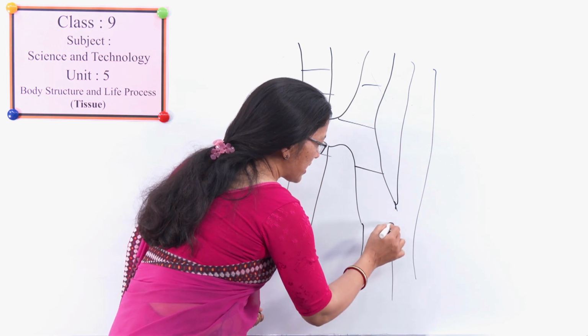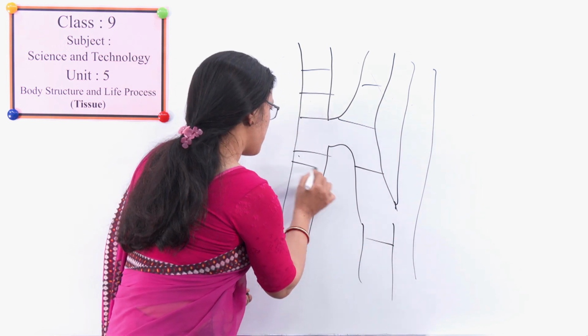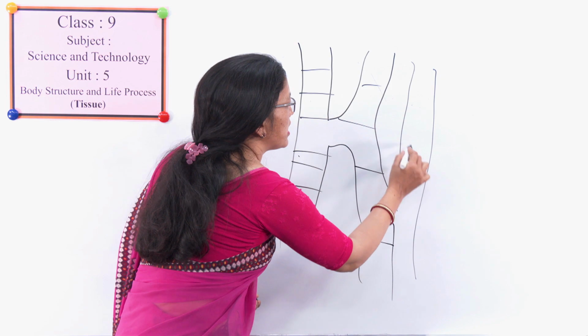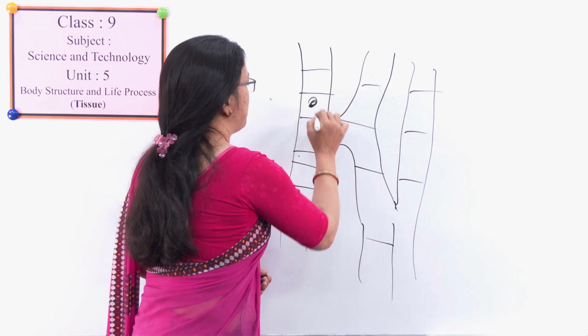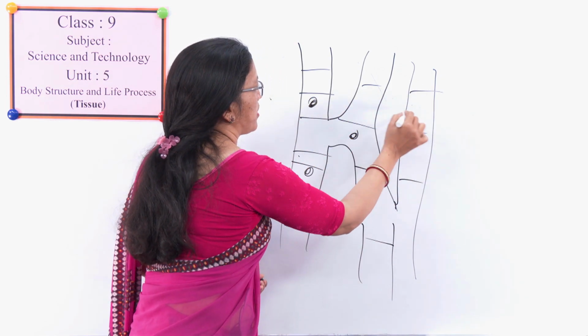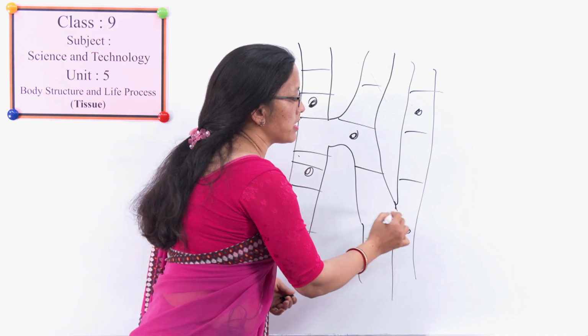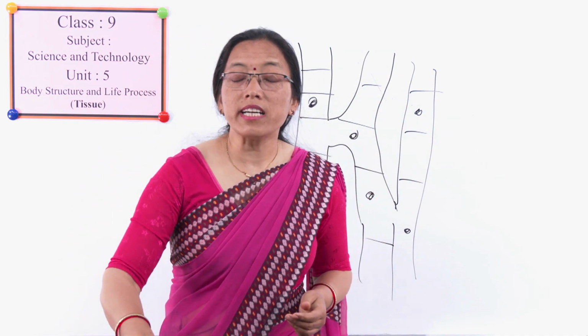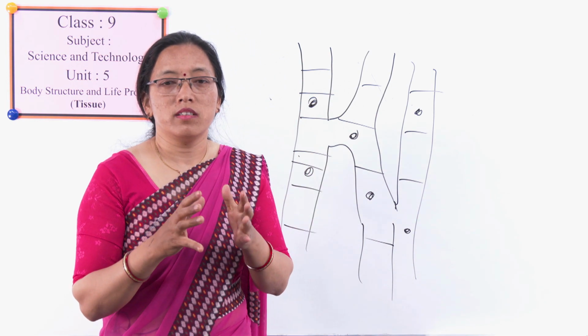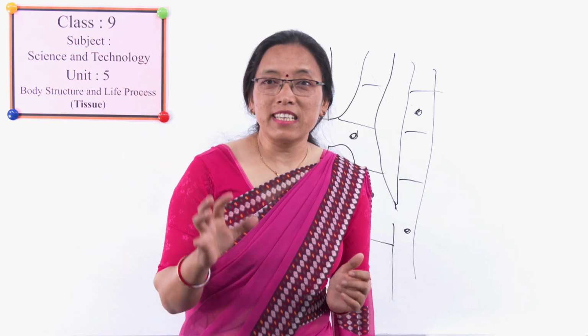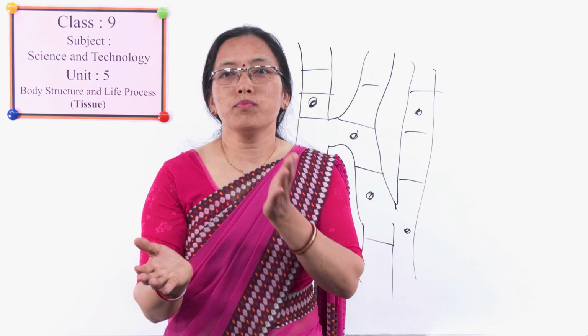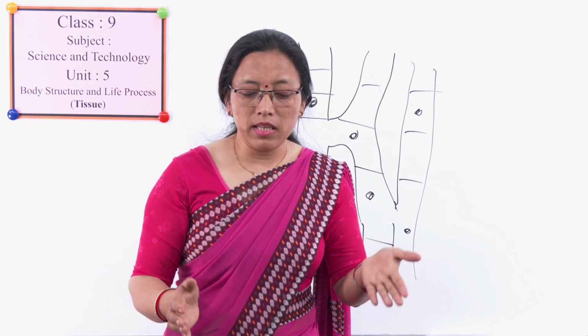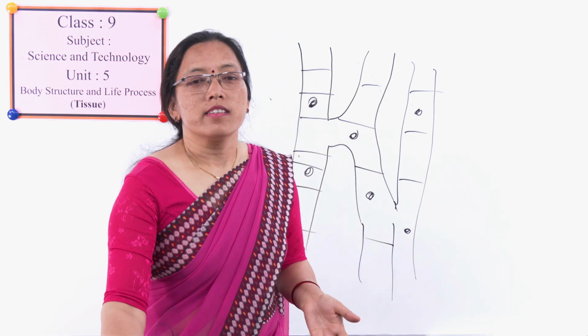Structurally it looks like the striated muscles, but functionally it is different. Functionally it is similar to the smooth muscle. We can't control its movement. Because of that, it is functionally similar to the smooth muscle and structurally similar to the striated muscle.